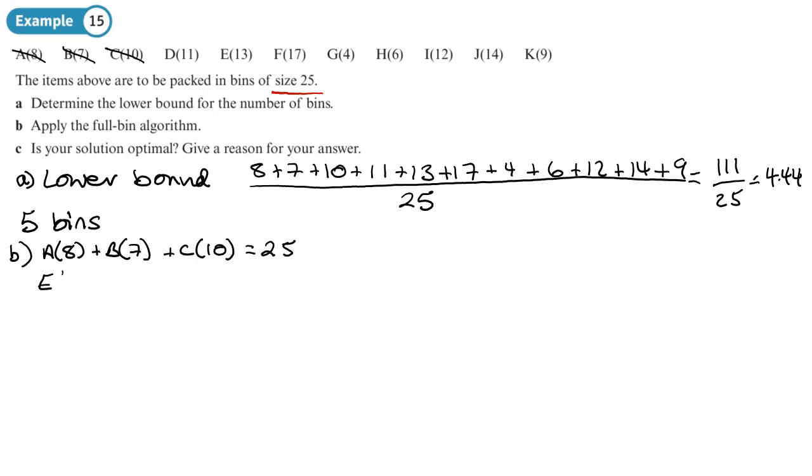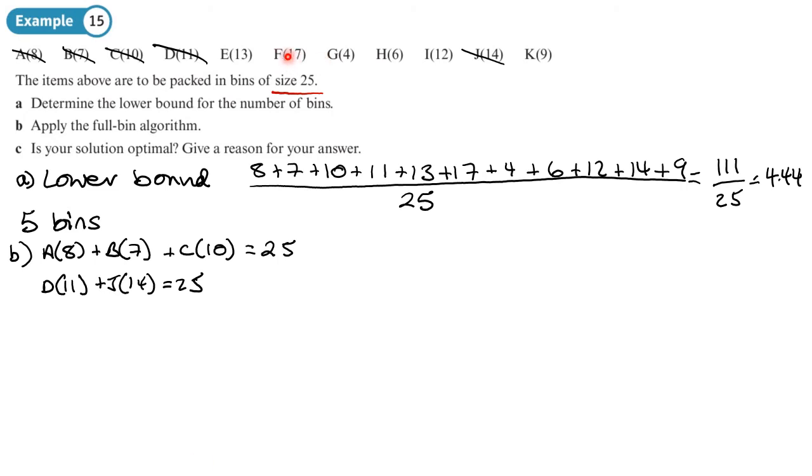D and J will make 25, 11 and 14, so D and J, that's 25, so we'll cross those off the list.